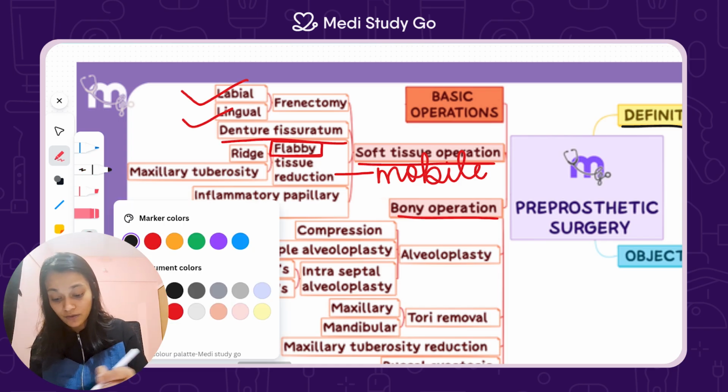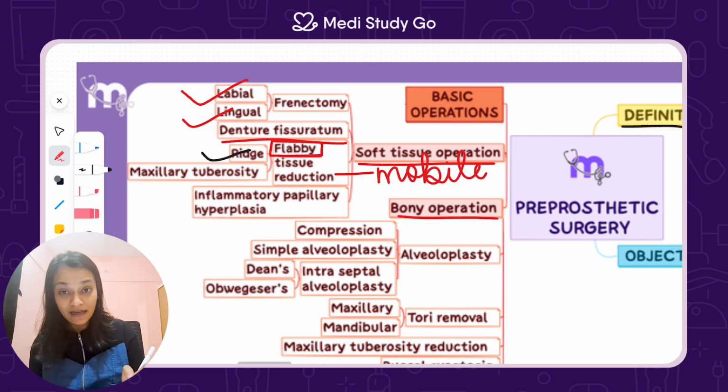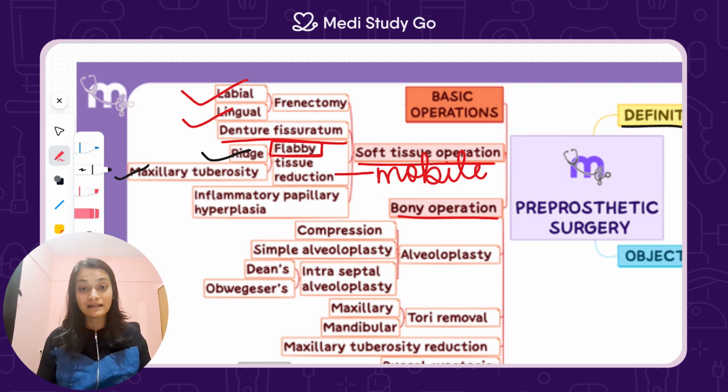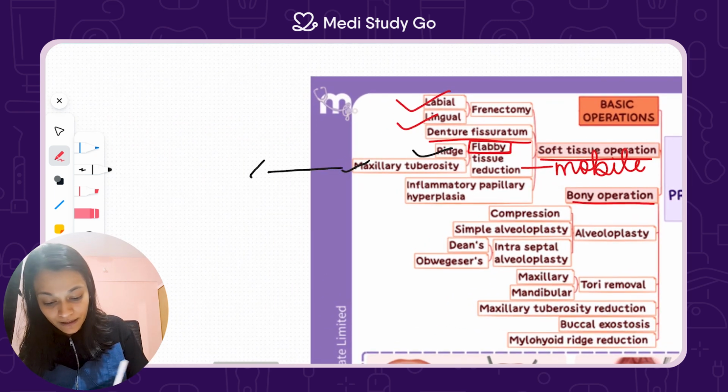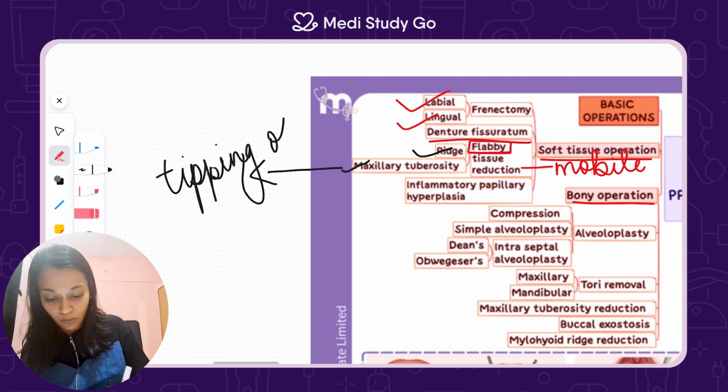Flabby tissues can be found on the ridge and also on the maxillary tuberosity. If flabby tissues are present, it leads to tipping of dentures. Hence, it should be avoided at any cost.